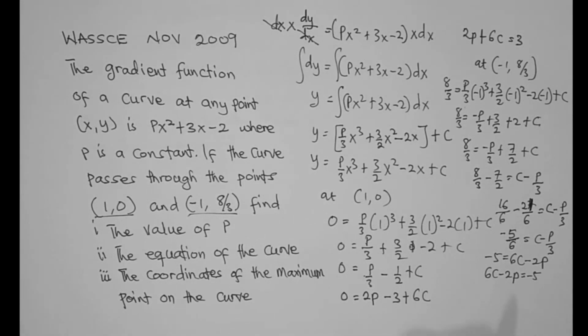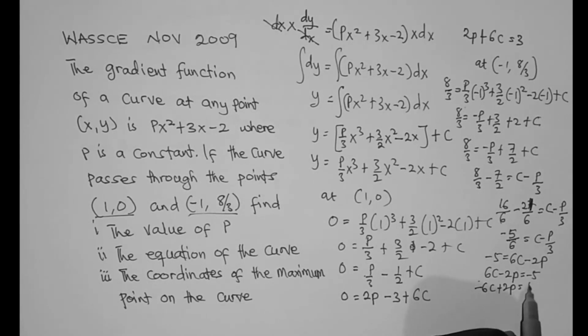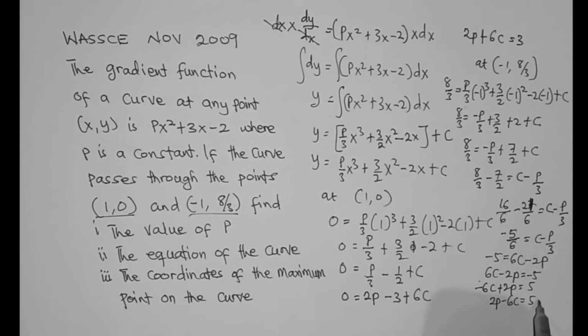So I want to multiply through by minus 1. If I multiply through by minus 1, it becomes minus 6c plus 2p equals 5. And rearranging, it becomes 2p minus 6c equals 5. So this is equation 2.